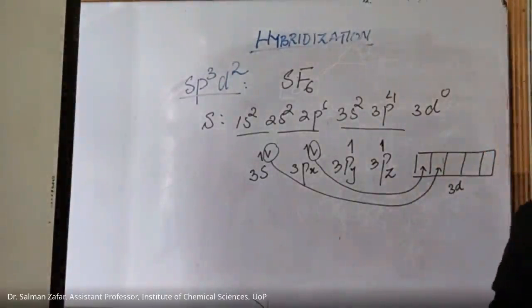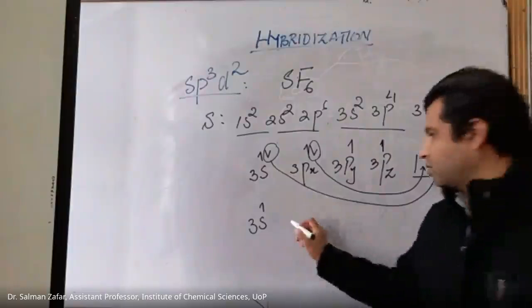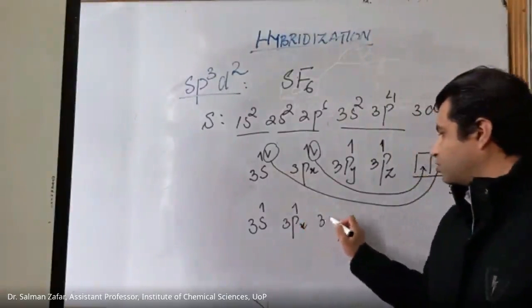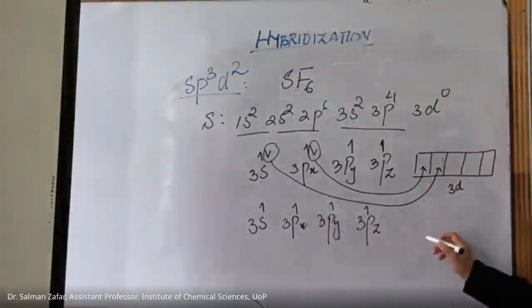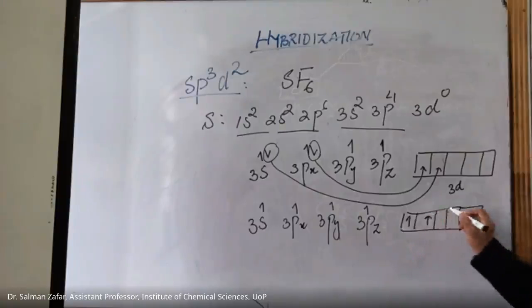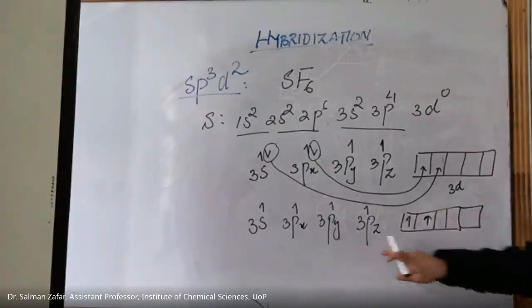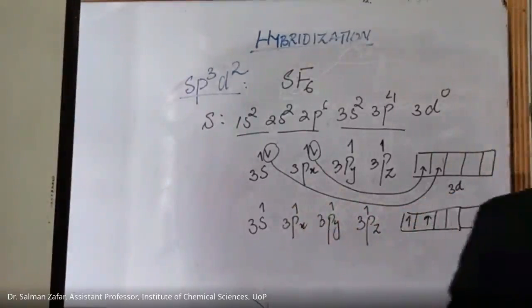So what we have now is 3s1, 3px1, 3py1, 3pz1, and we have 2 electrons here in unpaired form. Now we have 1, 2, 3, 4, 5, 6 unpaired electrons.